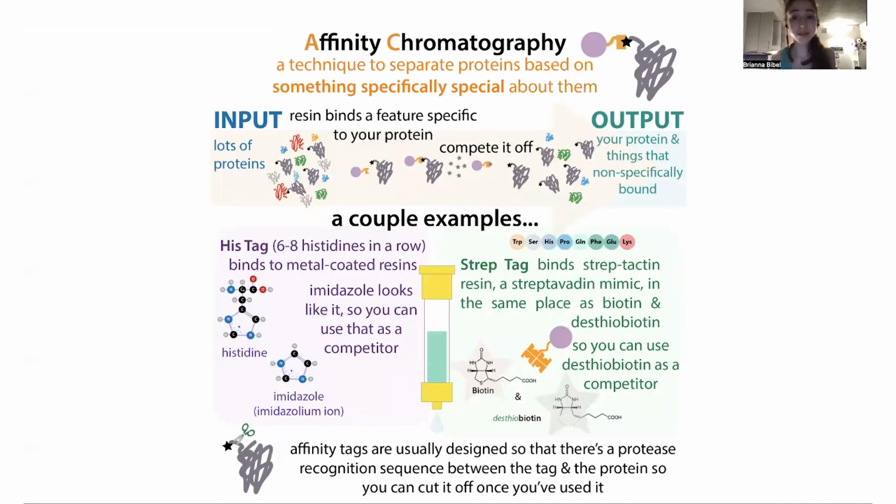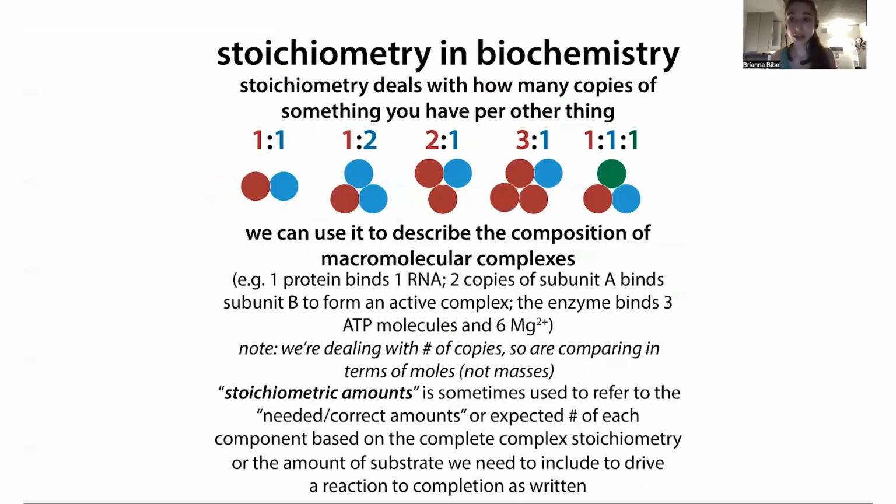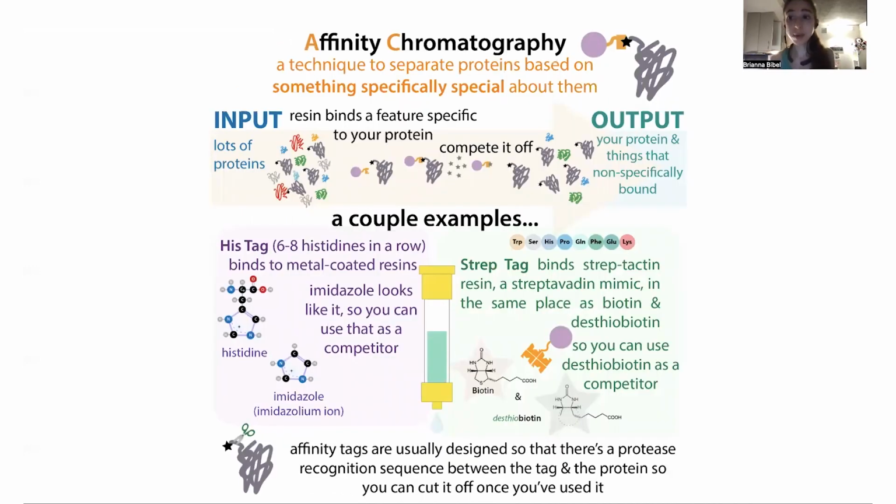Sometimes we cut these tags off, sometimes we don't. So you could have the same stoichiometry with that protein and other proteins, but one of the proteins would be bigger because it had that tag on it, and so it has a different molecular weight. We need to take that into account.